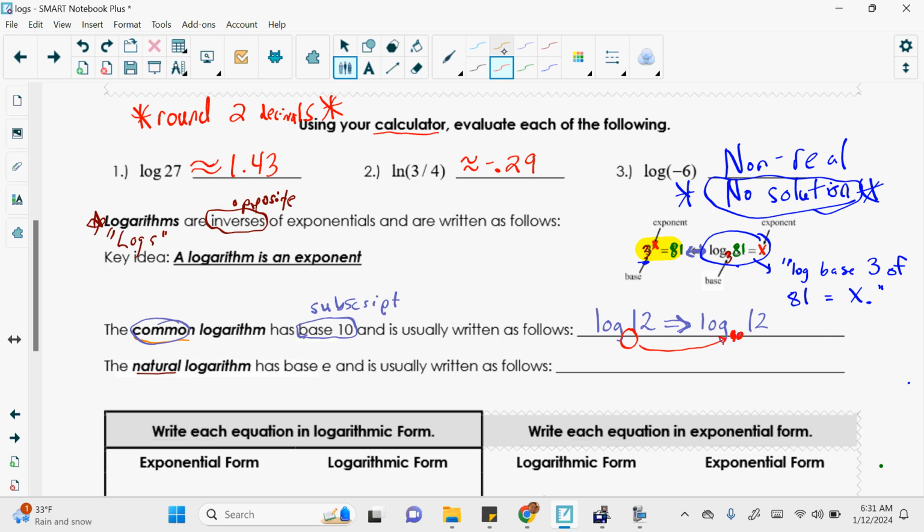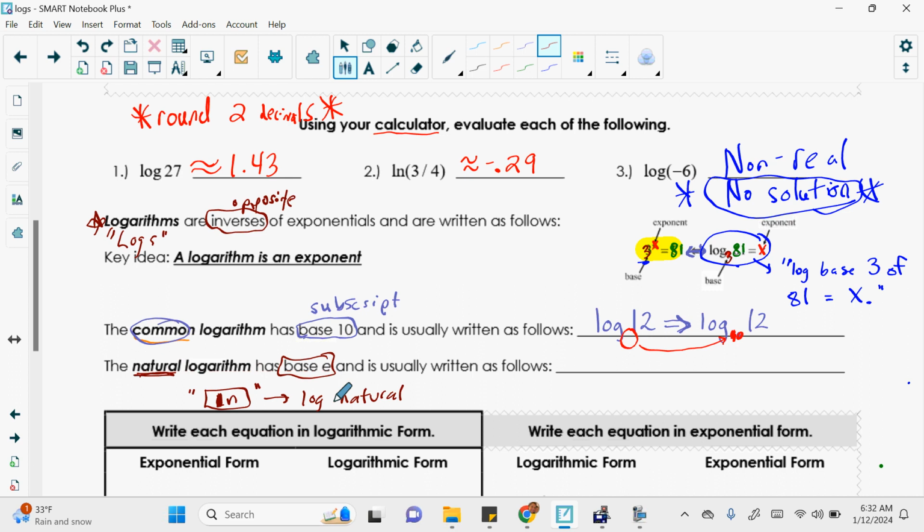The reason it's ln is it's a Latin term for log natural, so they just kind of write it in reverse. But the base of this is going to be e. So for instance, if you were to see ln of 15, notice there's no base here. There actually is. It really is ln base e of 15.